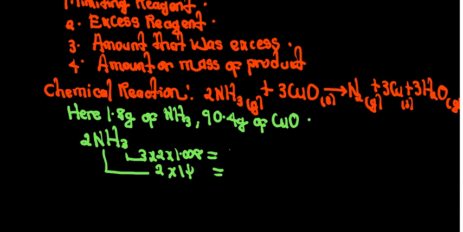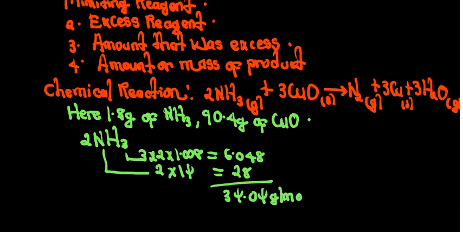So I'm getting this as 6.048, and I'm also getting this as 28. To find the total there, I'm getting 34.04 grams per mole. So this now becomes my molar mass of the 2NH3.